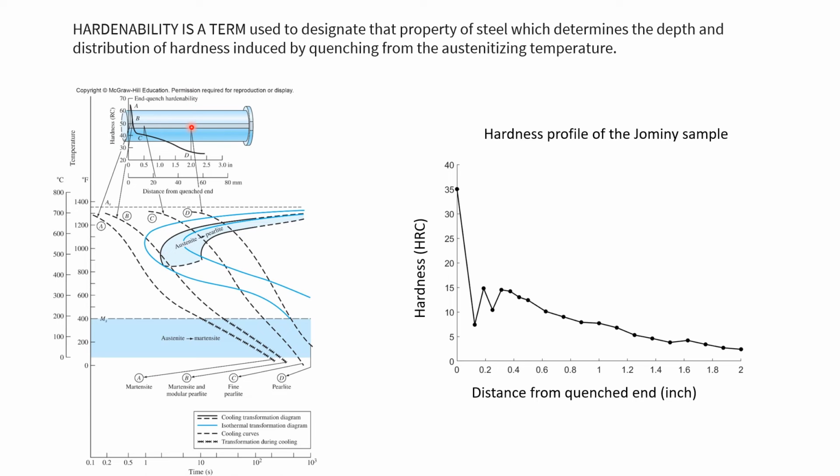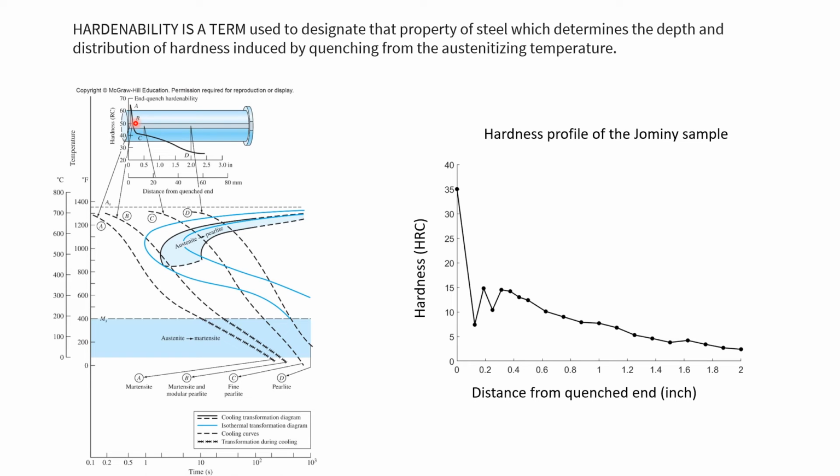At the middle location of the sample, the location is associated with the cooling curve D, and it has a very slow rate, which will cause the formation of mostly pearlite.